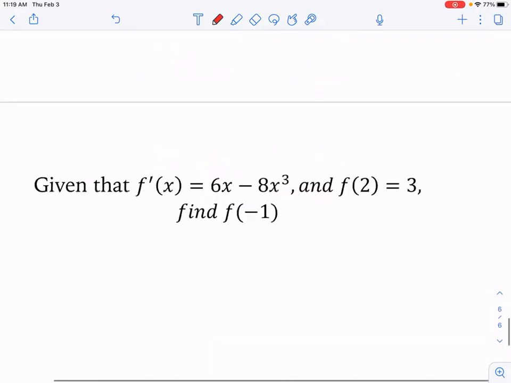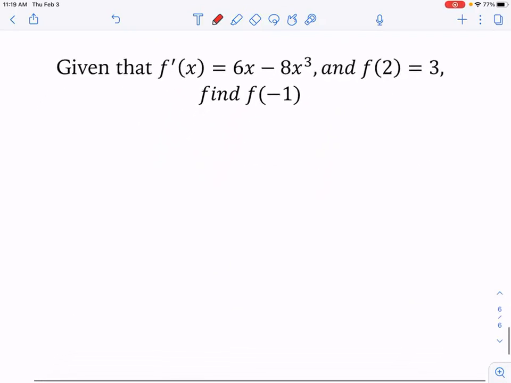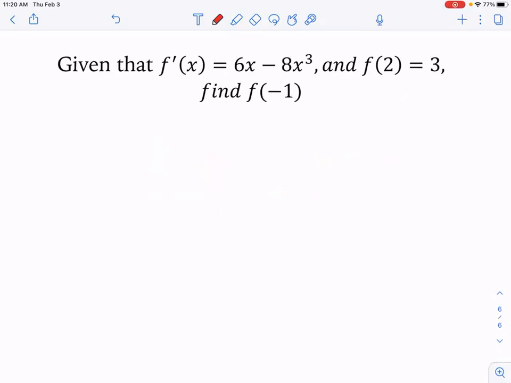Okay, so you're going to do this one. The integral you're going to set up, what are your limits of integration going to be? -1 to 2 is what I would choose.